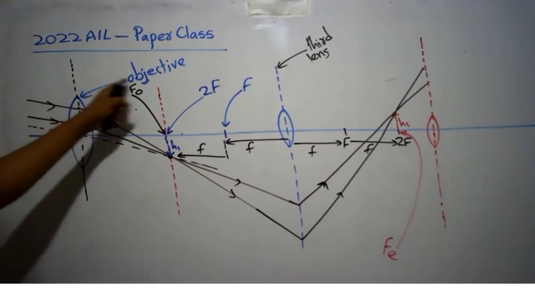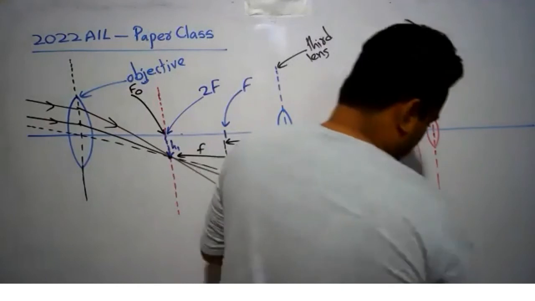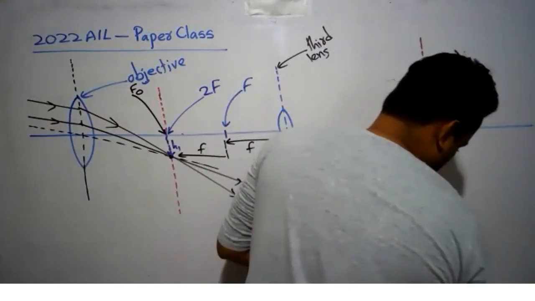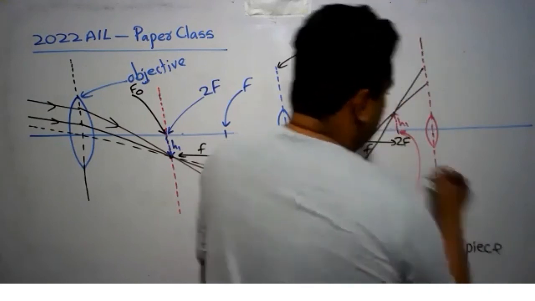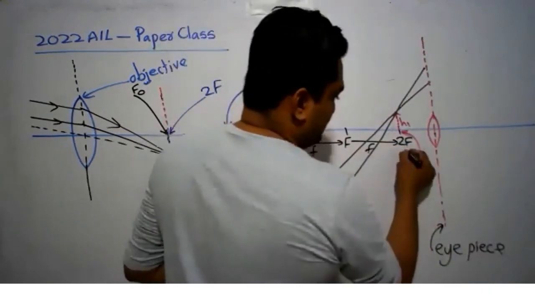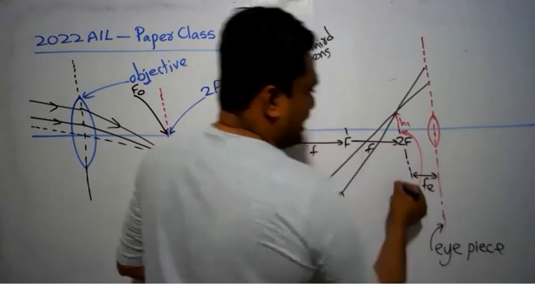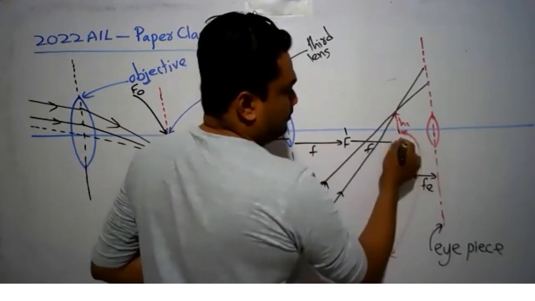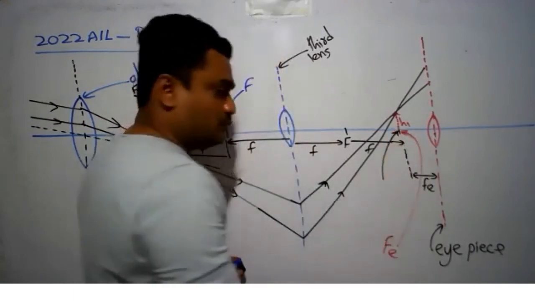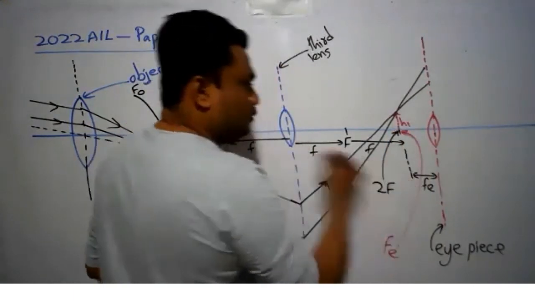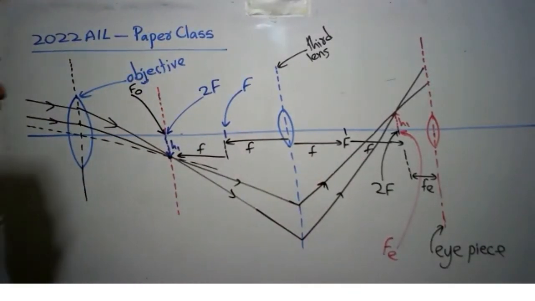So this is the objective lens. This is the eyepiece lens. This is the focal point of the eyepiece lens. Therefore, this distance is equal to Fe, and at the same time, this is the focal point of the eyepiece lens as well as the 2F point of the third lens, right?